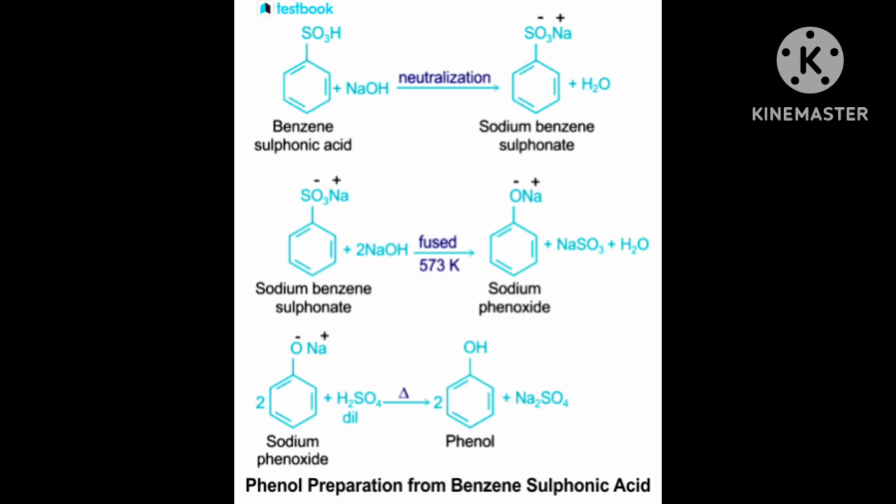Means with benzene N2Cl is attached, but here N2 has a positive charge, one positive charge, and Cl has one negative. And in this N2Cl, N has joined to the benzene ring. Then it is called benzene diazonium chloride. The word di has come due to N2.